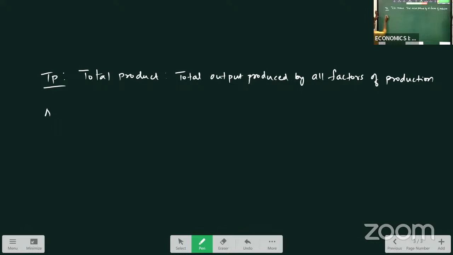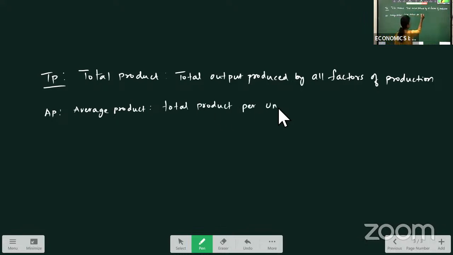Then next one we have AP. AP is average product. What is average product? Average product is the total product per unit of variable factor.